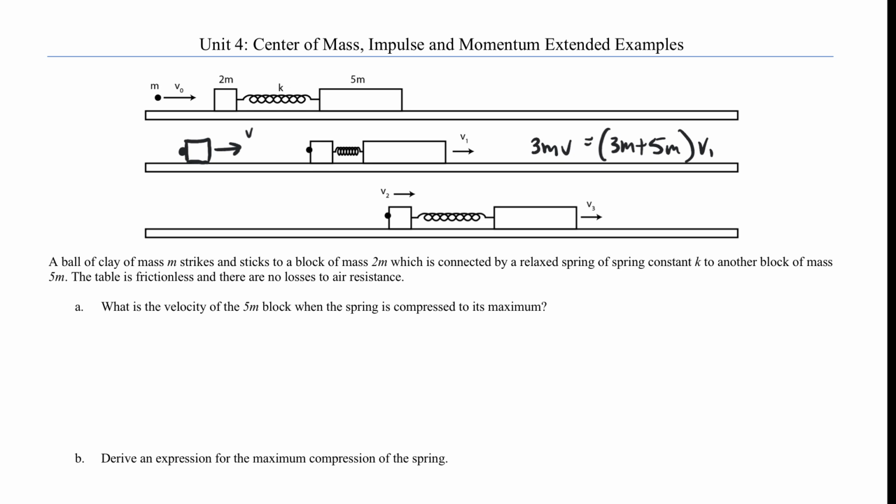But I think I can do that because there's the collision that takes place from here to here, right? The clay started this process. Whatever the momentum of the clay was at the very beginning has to be equal to the momentum of the clay plus the block, which also has to be equal to the momentum of both blocks when they are moving.